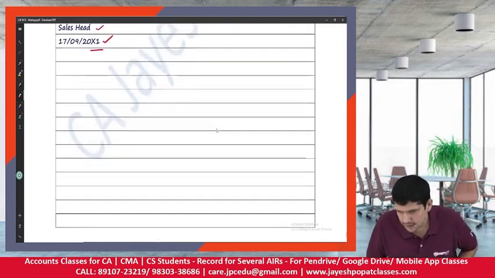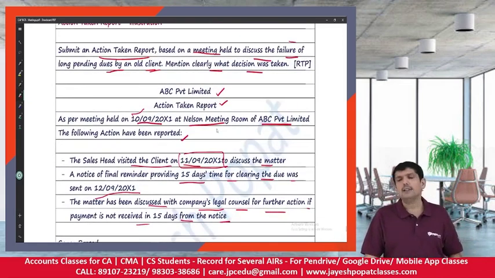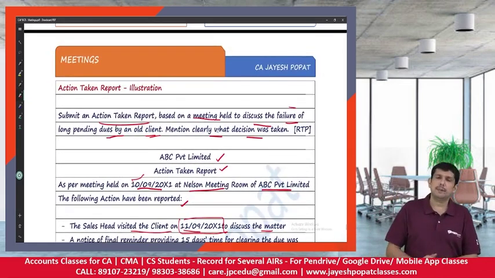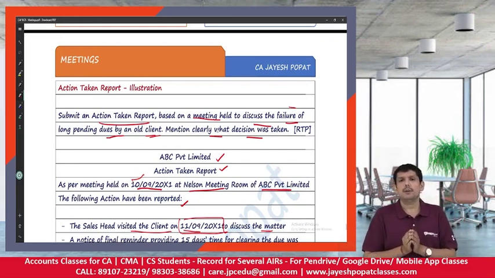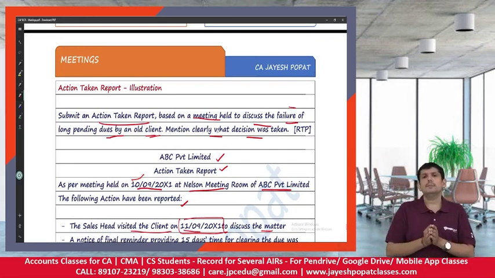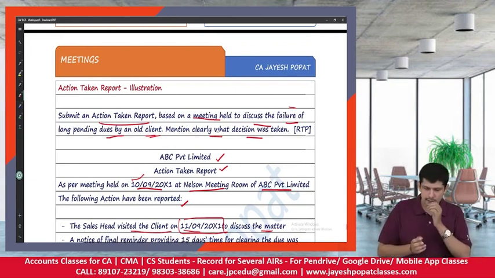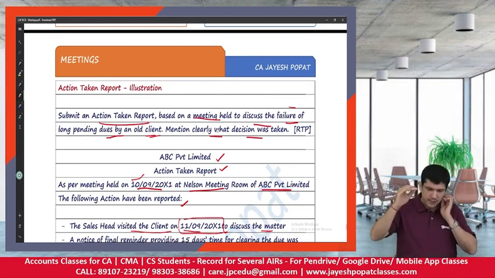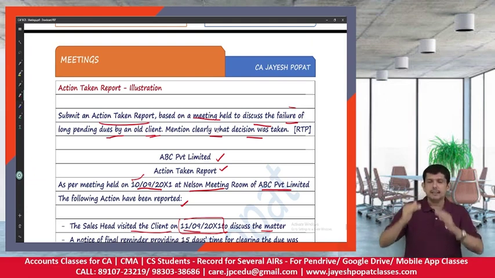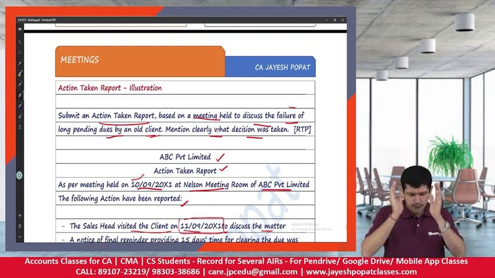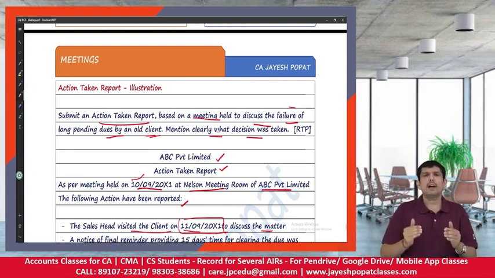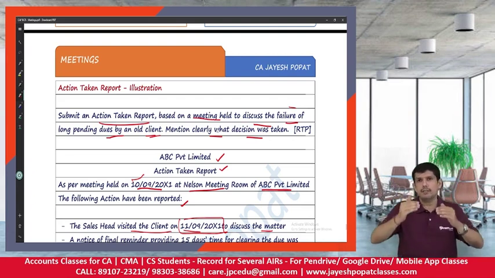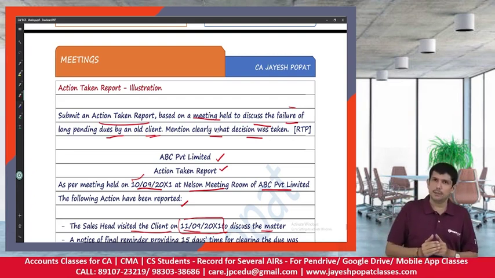So by this we have very comprehensively covered this topic. We talked about the agenda of the meeting, the minutes of the meeting, and the ATR as well. I have very systematically organized this document, where at the introduction pages you get to see the requirements from this chapter and the various formats you need to keep in mind.